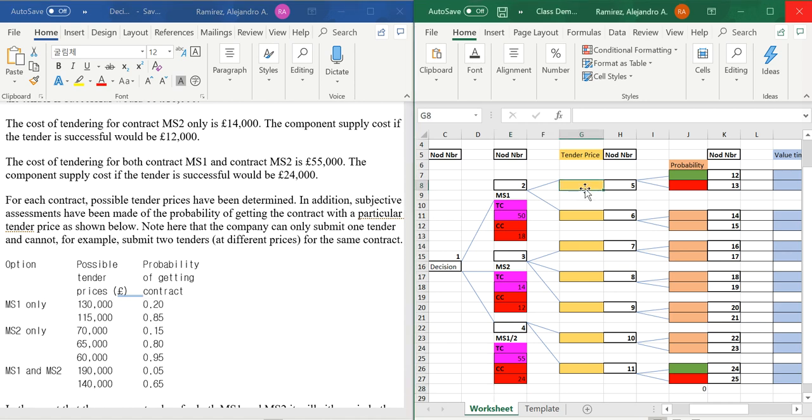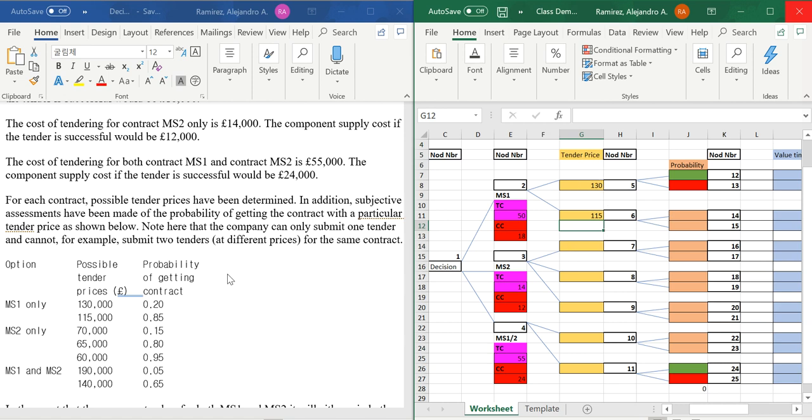So for the first one, I have 130, right? And then I can also do it cheaper. I have two options for MS1: I can also go cheaper, at 115. So I need to fill in those numbers first, all the tender price options.